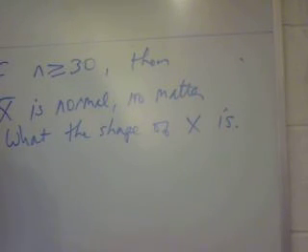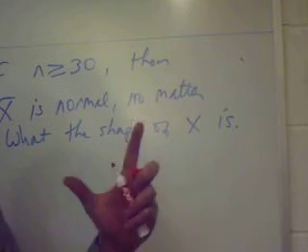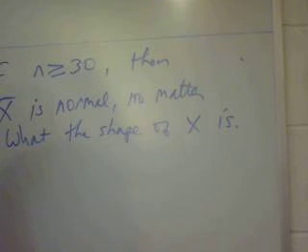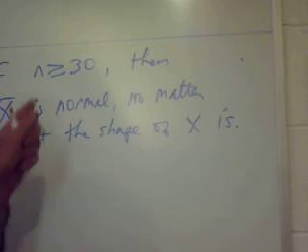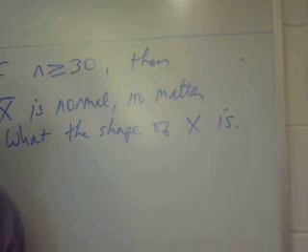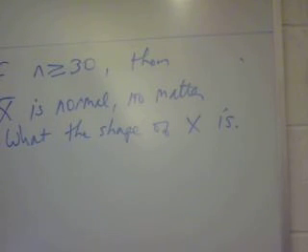So even if x is, say, uniform, a not normal distribution, if n is more than or equal to 30, then x bar is going to be a normal curve, and you can use Table 2. So that concludes question 6.